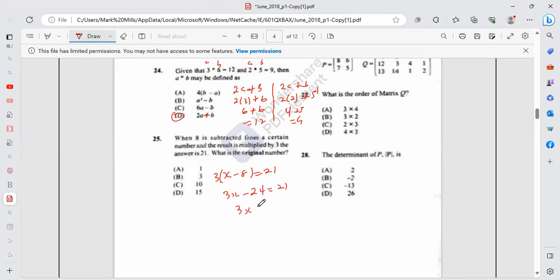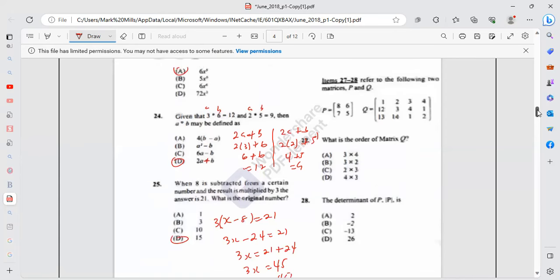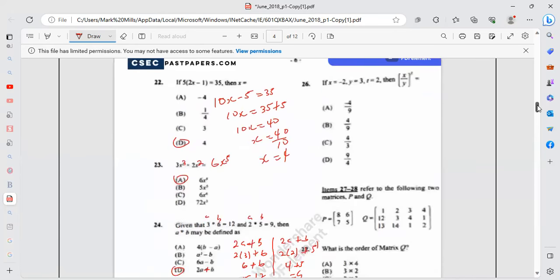So 3x is equal to 21 plus 24. 3x is equal to 45. x is equal to 45 divided by 3. x is equal to 15. We follow? Yes, sir.